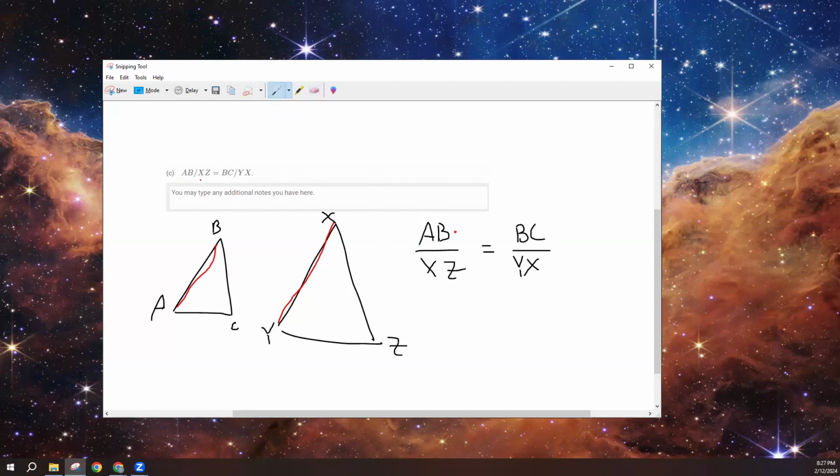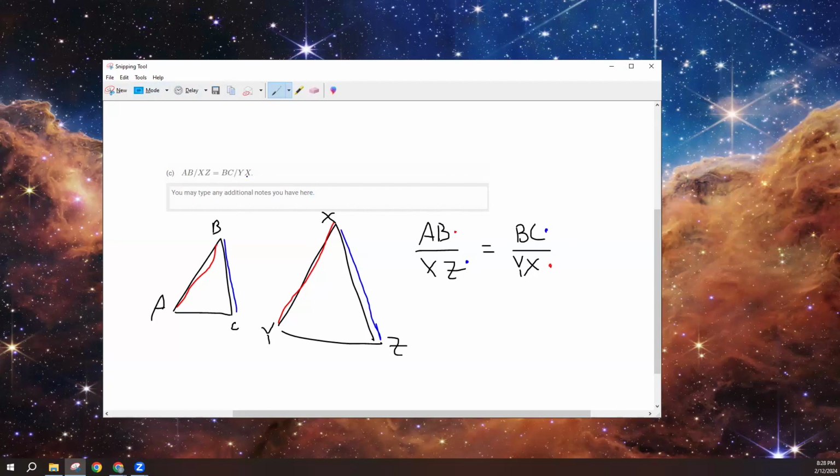So we've got AB is red and YX is also red. And then I'm going to make this one blue. So XZ is blue and BC is also blue, right? Is that right?